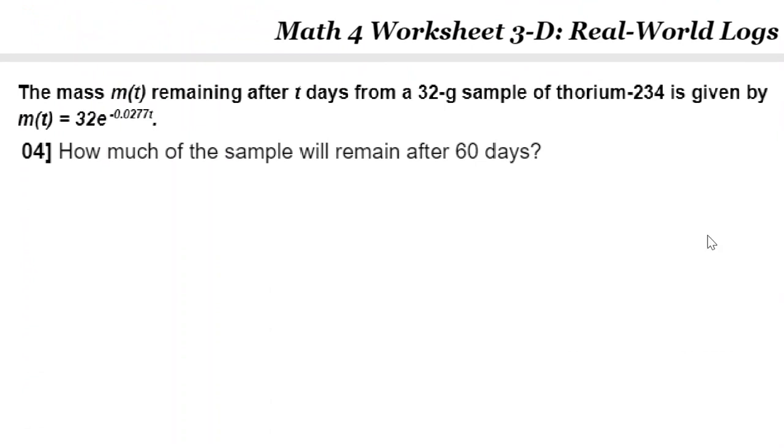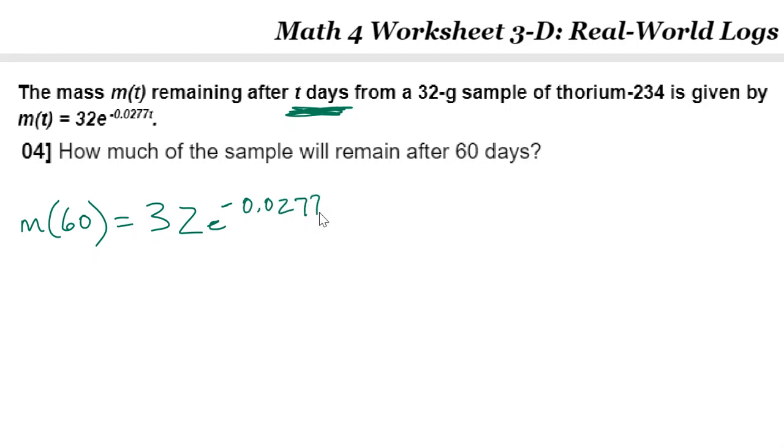All right. Now, how much of the sample will remain after 60 days? And they do say t days. So t is in days. So we would say M of 60 equals 32 e to the negative 0.0277 times 60.